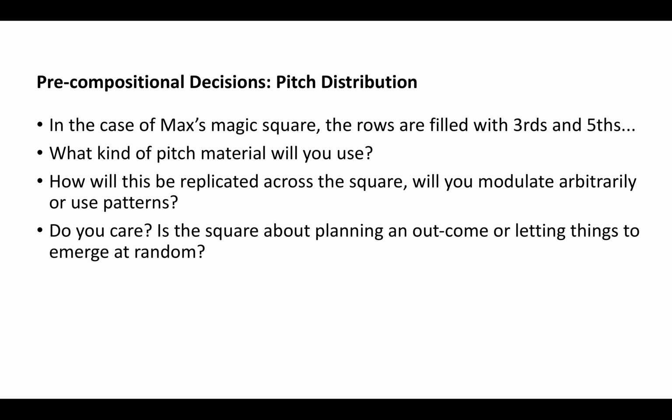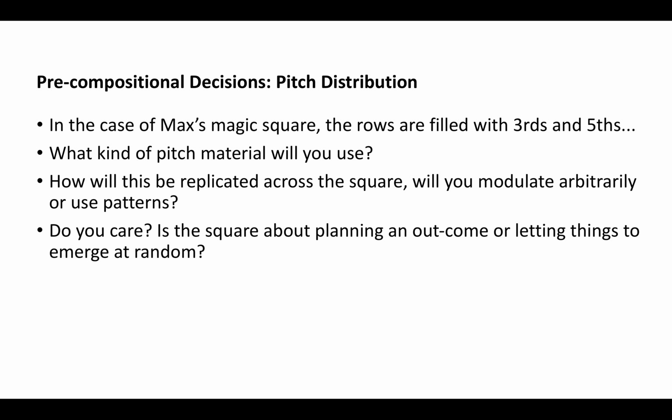So first question in this pre-compositional decision is, what kind of pitch material will you use? How will you consider the characteristics of the pitch material and imagine how it will change and shift and the kinds of patterns that might arise when it is modulated and shifted this way across the square? Second, how will this be replicated across the square? Will you modulate it arbitrarily in a way that's similar to Maxwell Davies?